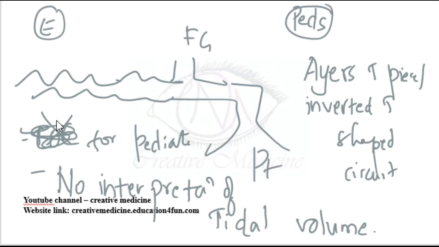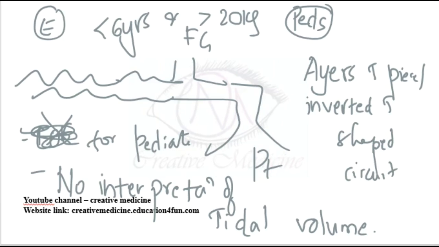So we do not use it much. There is no interpretation for tidal volume in this circuit. It can be used in children less than 6 years of age and weighing more than 20 kgs.